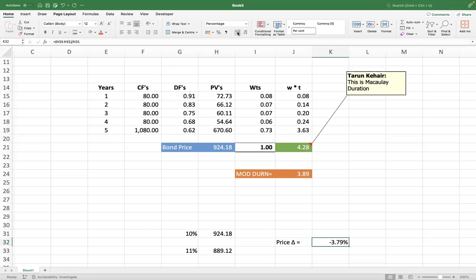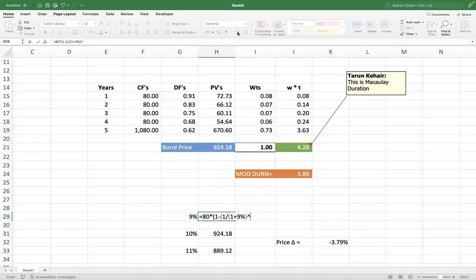So what will we do? Now what we will do is I will also change the yield to 9% and see what the price is. So what will the price be here? 80 into 1 minus 1 by 1 plus R, in this case 9%, to the power of 5, divided by 9%.